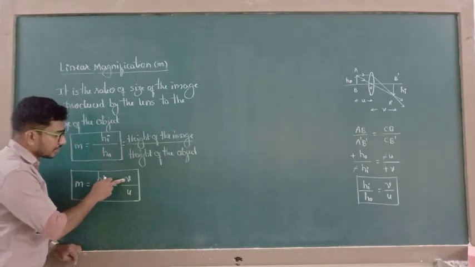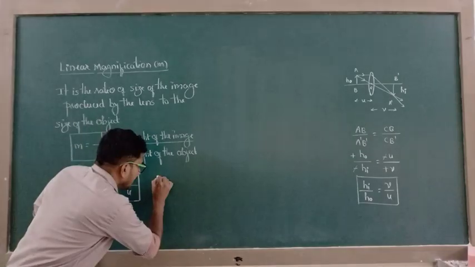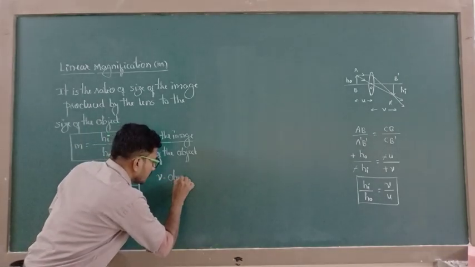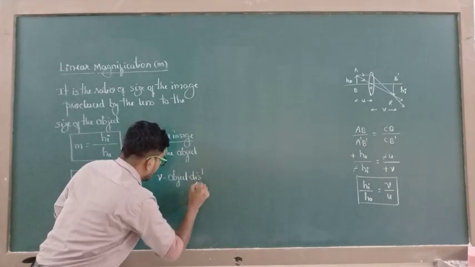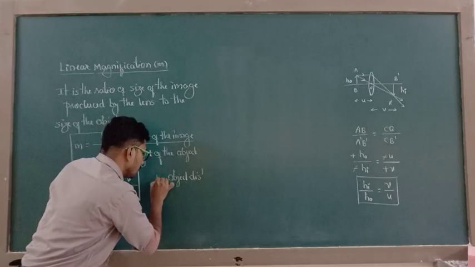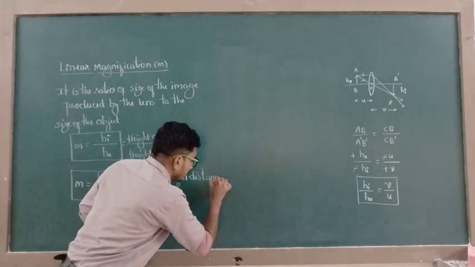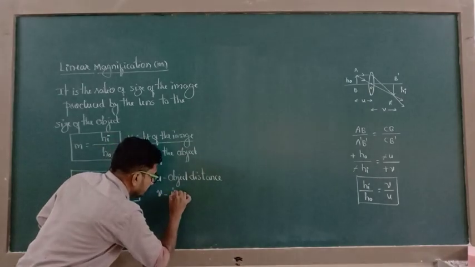Then you should write this one, V by U. Here U is object distance and V is image distance.